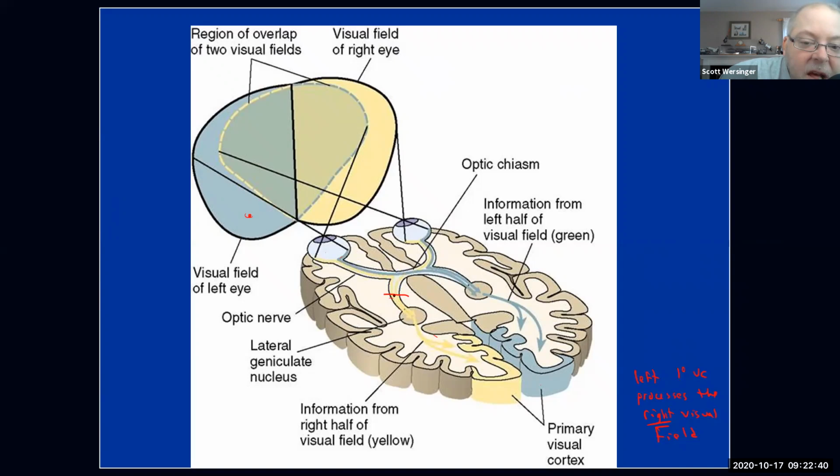If we're on the left side, we're processing information from the right visual field. So if I cut this, I lose all information from the right visual field. Can I see out of the left eye? Yeah. Can I see out of the right eye? Yeah. But because this is cut, I can't see the right visual field from either eye.